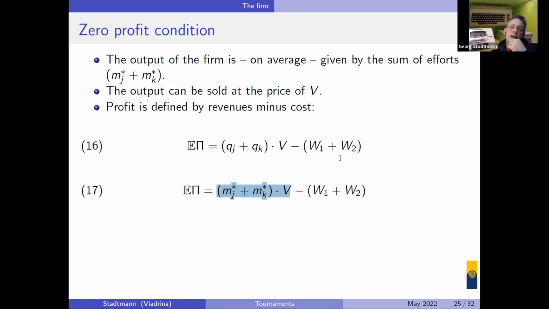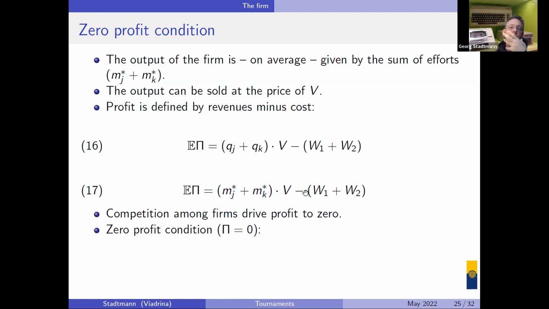And the tournament organizer is paying W1 and W2. So this is the profit of the company.